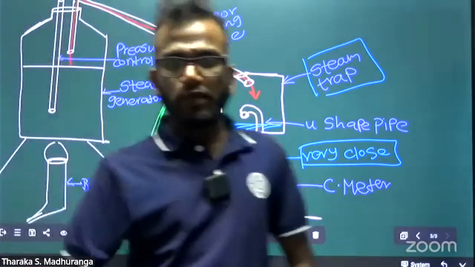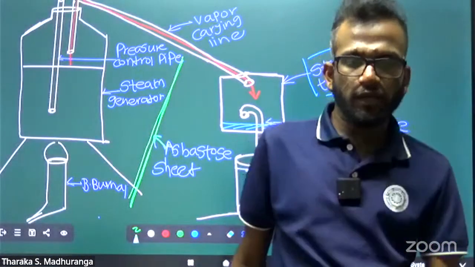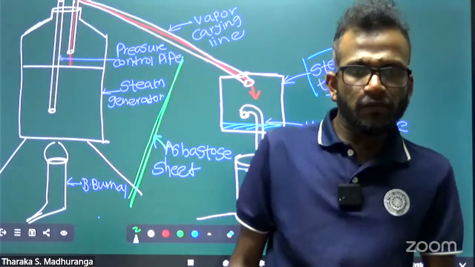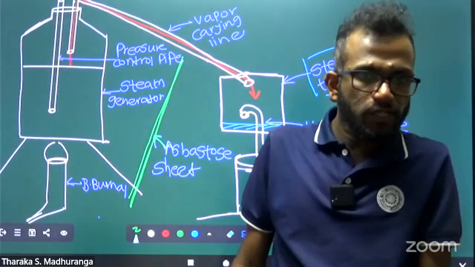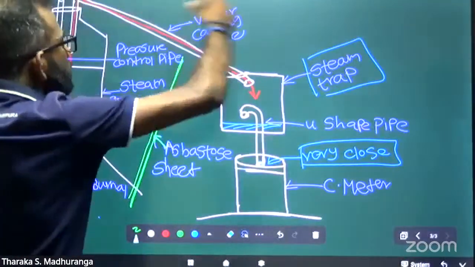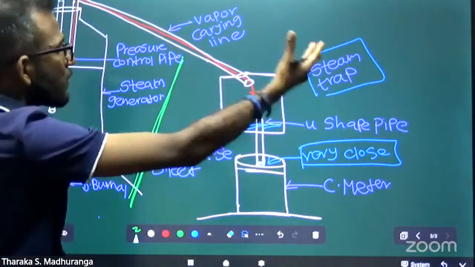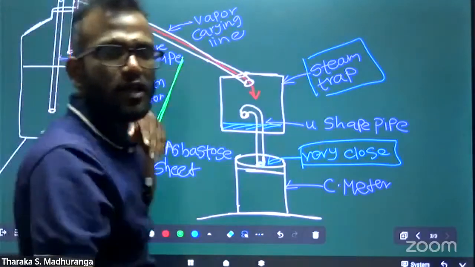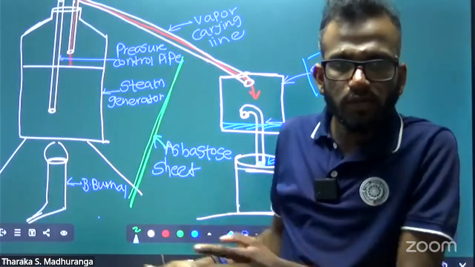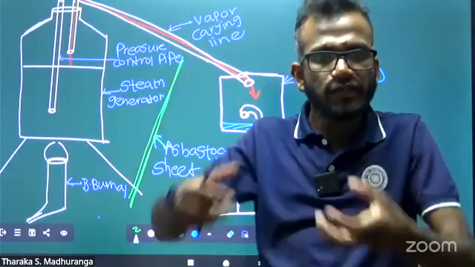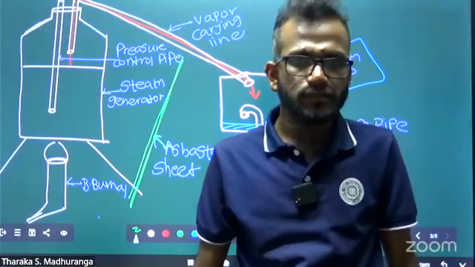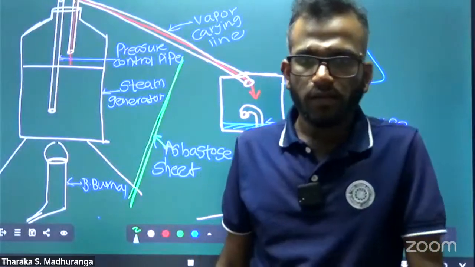There was an exam question. Can you think and answer this question? Without using this asbestos sheet, to avoid this heat transfer, if we increase the length of the vapor transferring line, that is, instead of placing this here, we increase the distance between these two structures, is it okay or not?